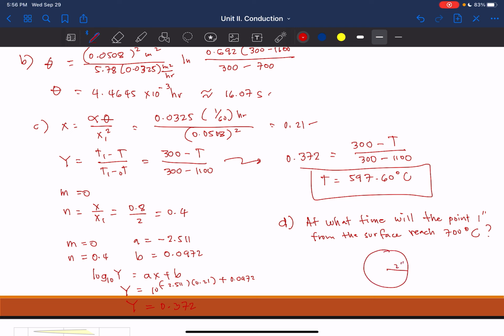At what time will 1 inch reach 700 degrees C? So this is 1 inch. What I need this time is theta. That's this. Okay?